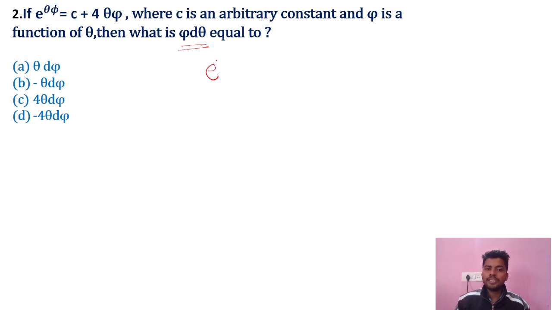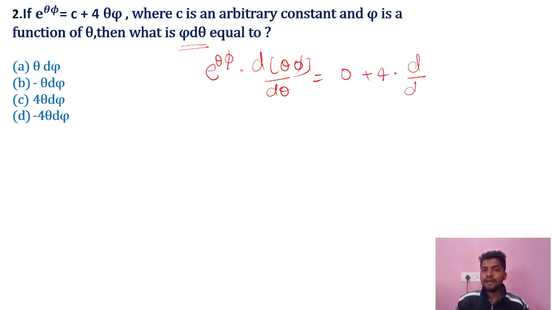Then e to the power theta phi differentiation will be e to the power theta phi only into d of theta phi by d theta is equal to, now c differentiation with respect to theta is 0 plus 4 into the differentiation of theta phi, d by d theta of theta phi.